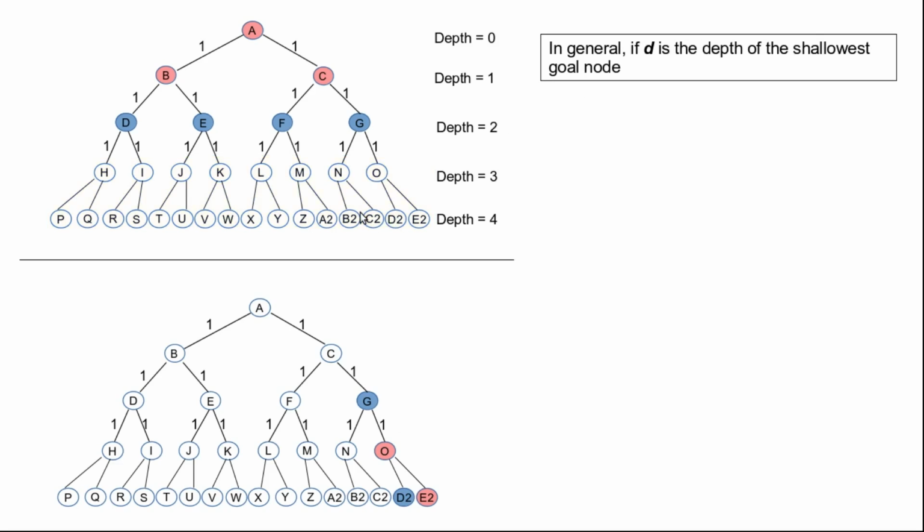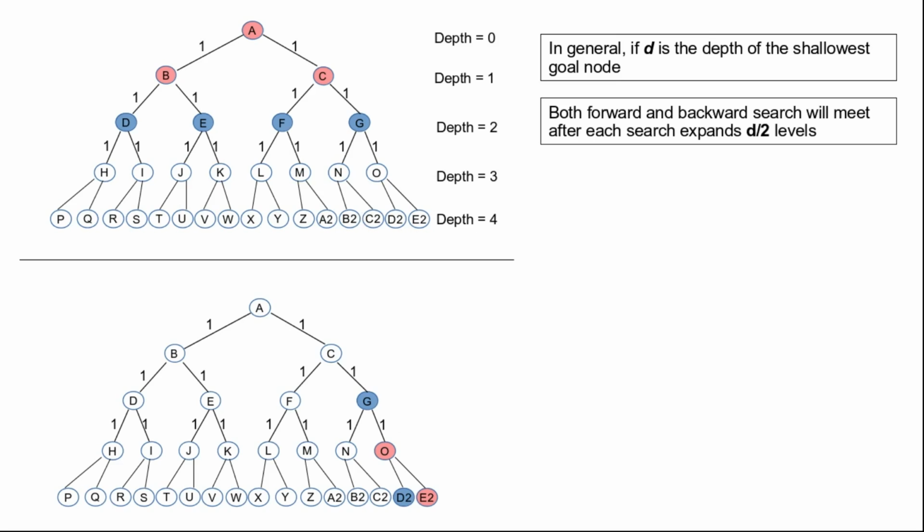So in general, if d is the depth of the shallowest goal node, then both forward and backward search will meet after each search expands d divided by 2 levels. In the previous example, we had d equal to 4, and hence after exploring 2 levels, the two searches met.